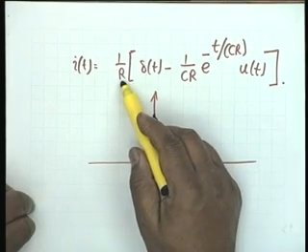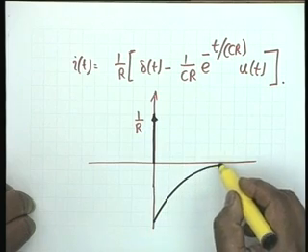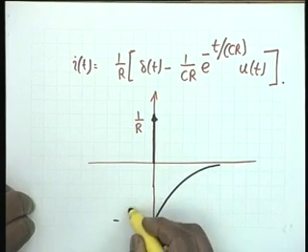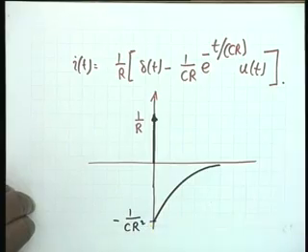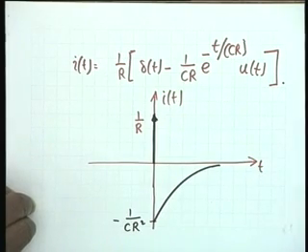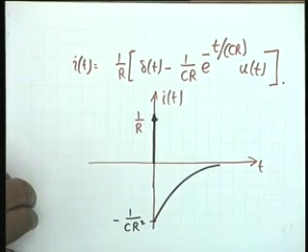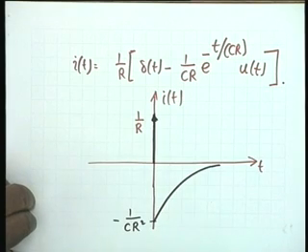This R also comes into the picture, C R squared, and then it goes down exponentially. So this level is minus 1 by C R squared. This is the plot of i of t versus t. The impulse is effective only at t equal to 0, because it exists at t equal to 0 only. At t equal to 0 plus it is 0, at t equal to 0 minus it is 0. It is exactly at t equal to 0.